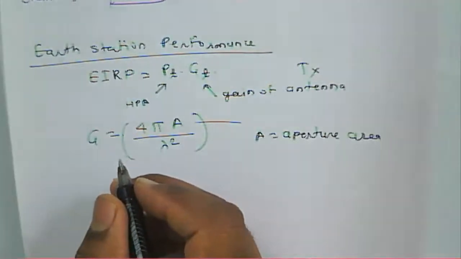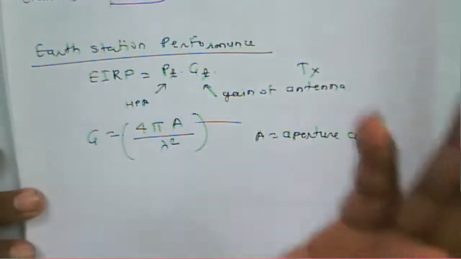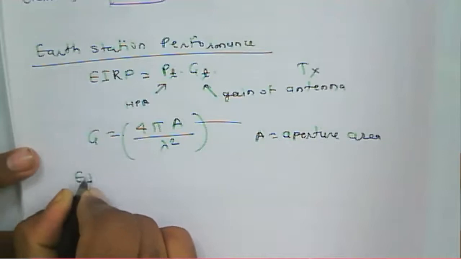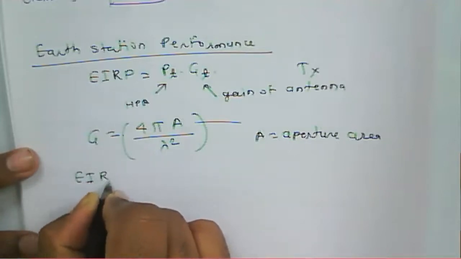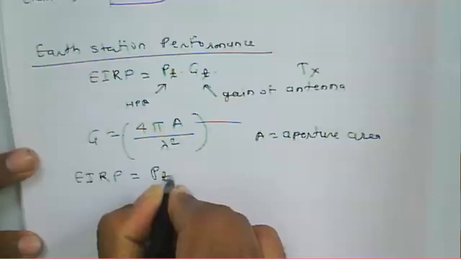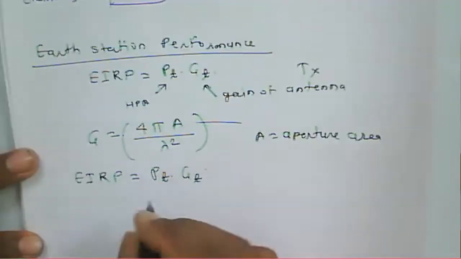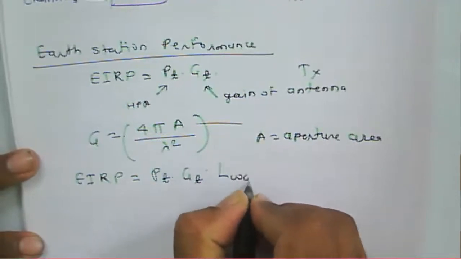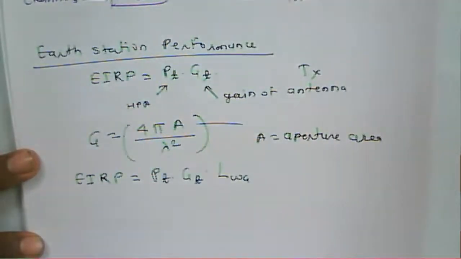But again, if we use the waveguide, there will be a loss, and that loss is called the waveguide loss. So that's why for EIRP, we say it is the transmitting power as well as the gain as well as the loss through the waveguide there.